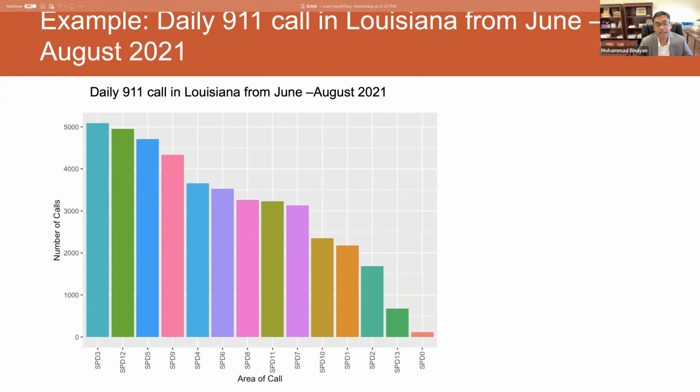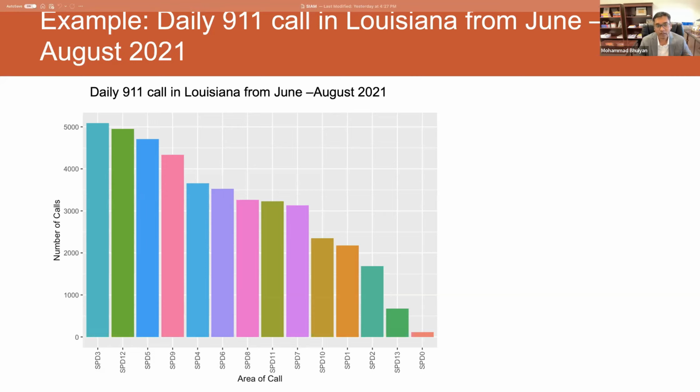So based on that data, we identified that SPD3, one police region in Louisiana, has more than 5,000 calls within 3 months. SPD12 is very close to 5,000, and then SPD5, SPD9, and so forth. So the first are SPD3, 12, 5, and 9. We identified that these 4 regions get most of the calls in the last 3 months.